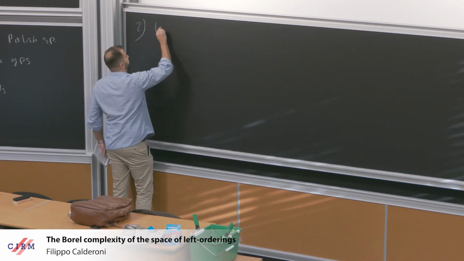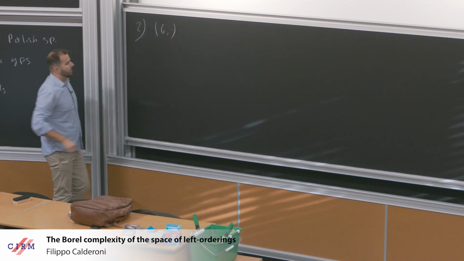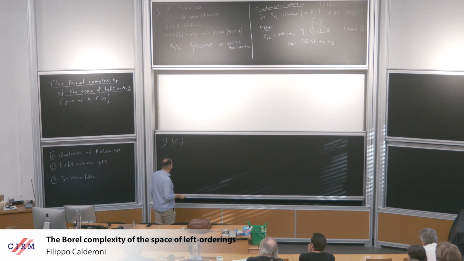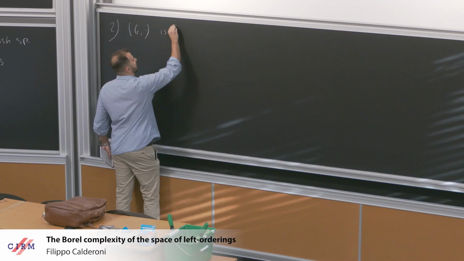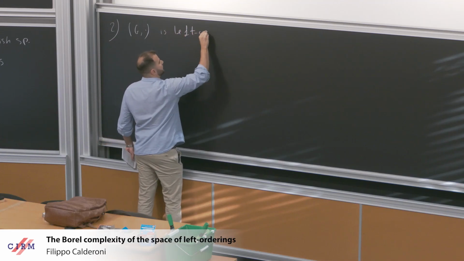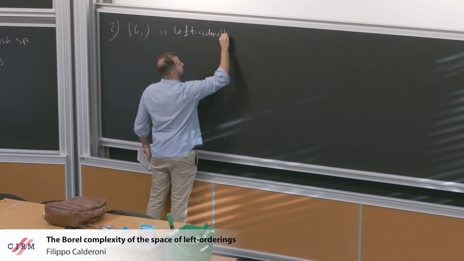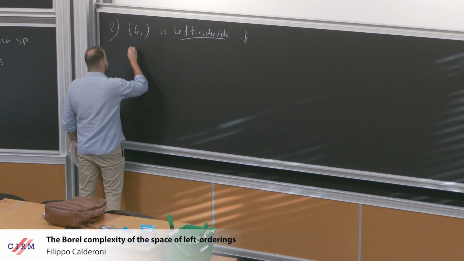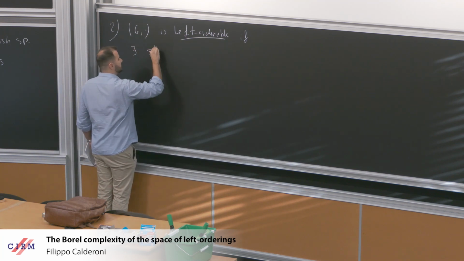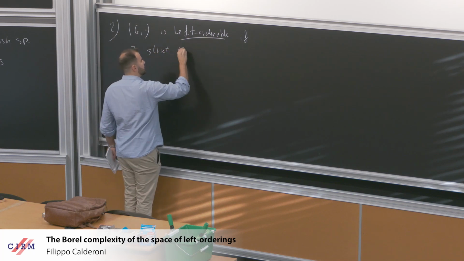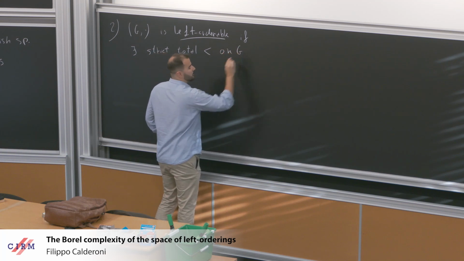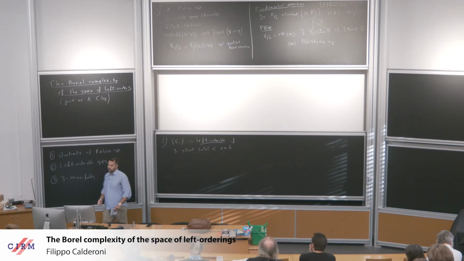We say that a group G, and I will denote the operation with multiplication, we don't assume the group to be abelian, we say that G is left-orderable if there exists a strict total order on G, which is compatible with the operation.